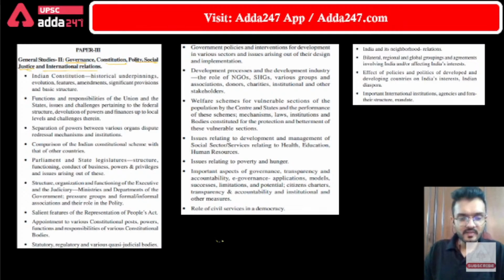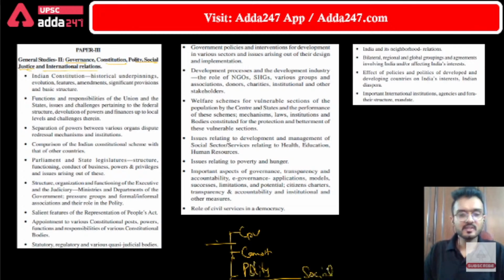The different aspects of Indian polity are related to governance, to the constitution and its functioning, to day-to-day polity, and to social justice, how the government is doing the upliftment of the poor people. And apart from the Indian polity, there is international relations.